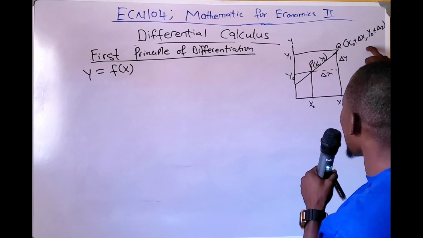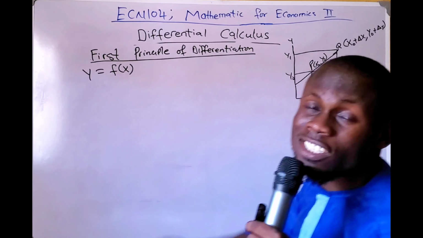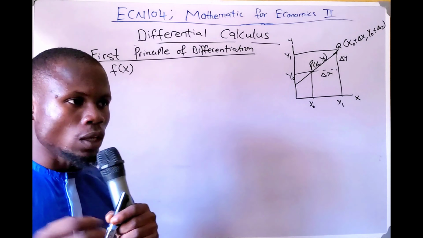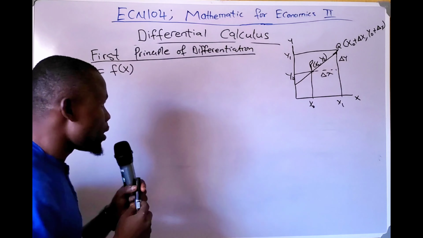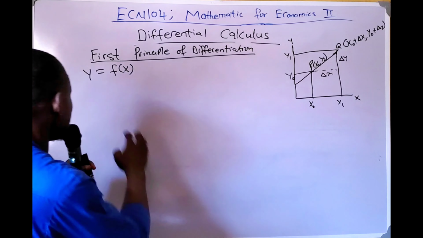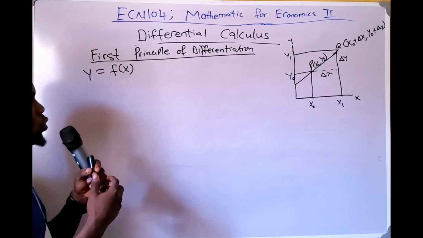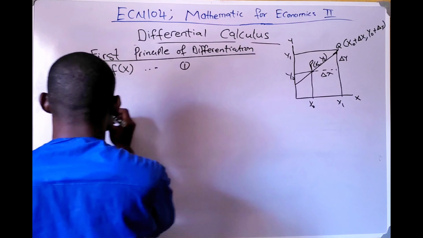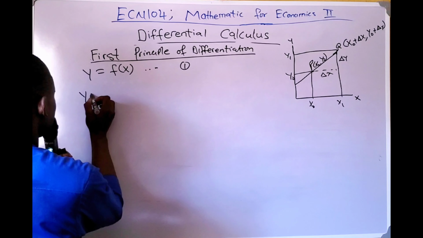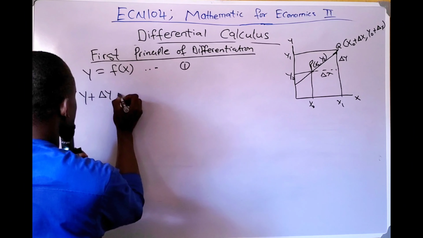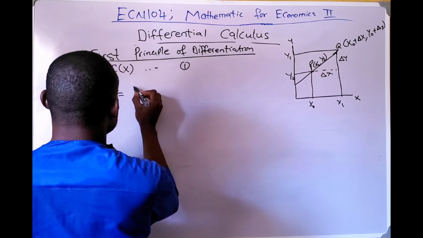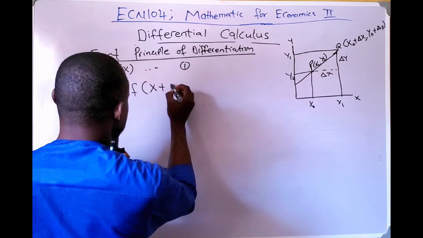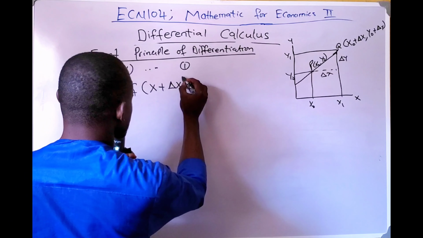Now, what happens at this point where there is a change in x, causing a change in y? Simply, we write a new function. This first function, we take it as equation 1. Then we have another function: y plus change in y equals f of x plus change in x.